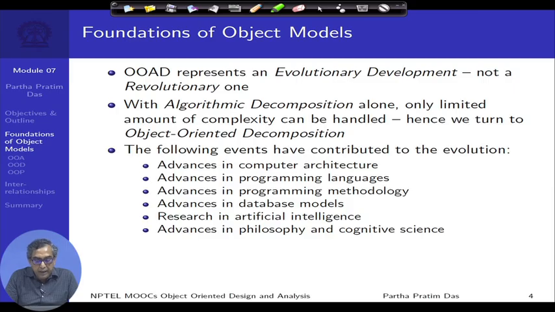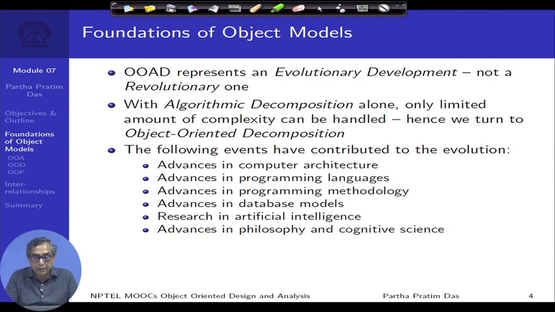Advances in the programming languages, which we have already discussed, advances in programming methodologies like framework based programming, which also we have discussed, advances in database models, which has given us really new powerful ways to model databases, and this is still getting much bigger than where our current course will stop.